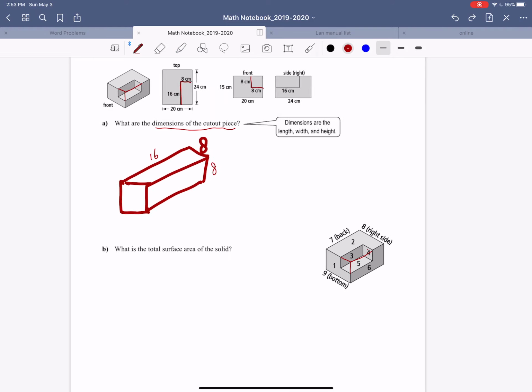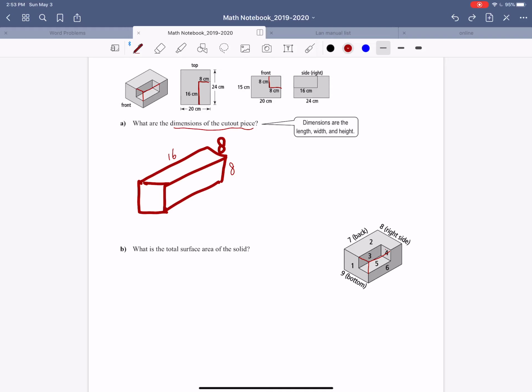The total surface area will be the top times 2, side times 2. What do we have left? Front times 2. Okay, let's say the top is right here, and 20 times 24, times 2.